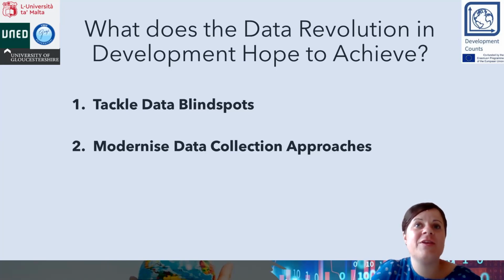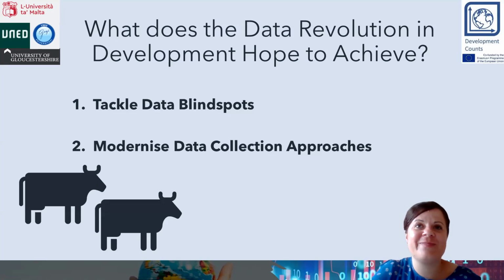For example, in the UK, data scientists at the UK government's Foreign, Commonwealth and Development Office are experimenting with using satellite imagery to count cows in South Sudan. Cattle farming is fundamental to the South Sudanese economy, so this new work provides really useful information to inform economic policy and help plan livestock services.